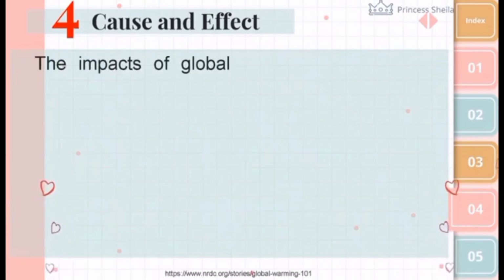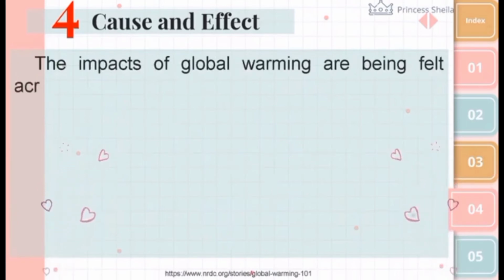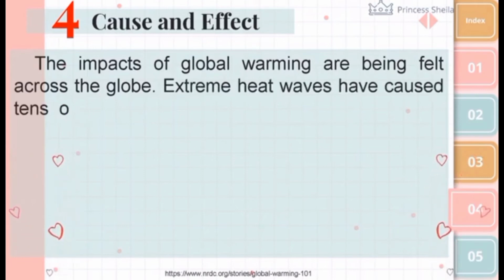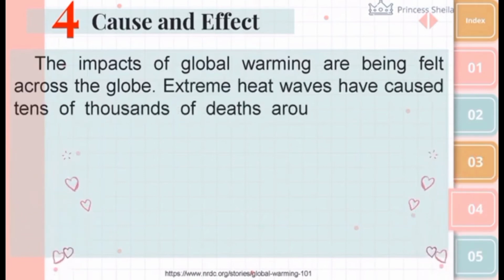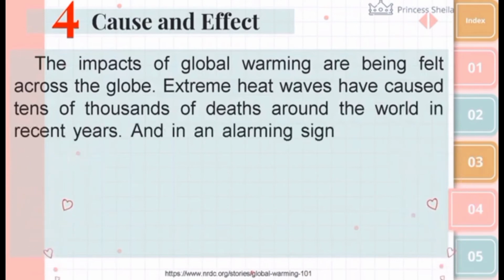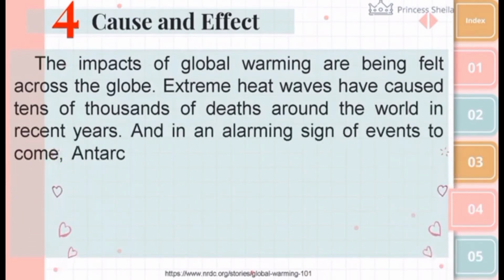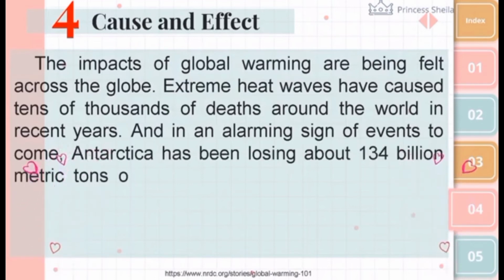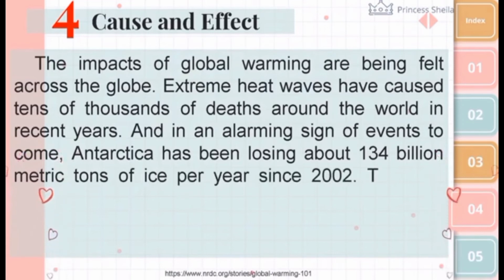Here's an example. The impacts of global warming are being felt across the globe. Extreme heat waves have caused tens of thousands of deaths around the world in recent years. And in an alarming sign of events to come, Antarctica has been losing about 134 billion metric tons of ice per year since 2002.